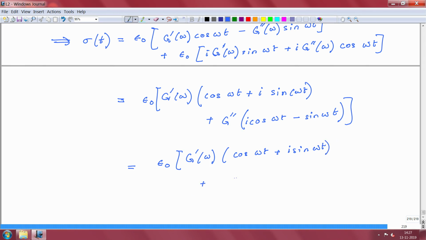And in the second term, I am going to bring the I out. Okay. So, I will just put I, and this is G dash of omega. This is now going to be cosine of omega t. Now, this is going to be plus I times sine omega t.